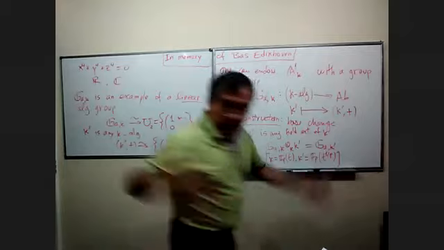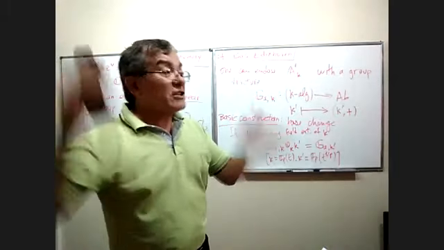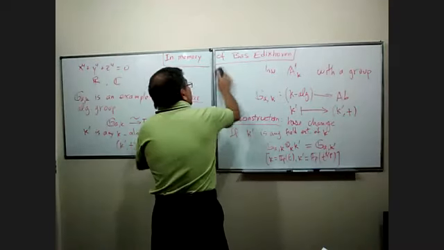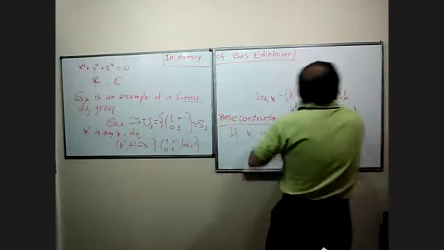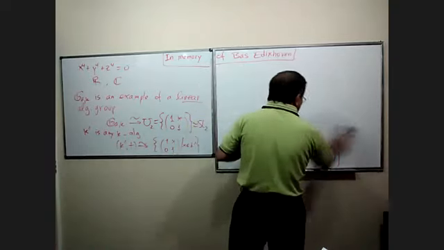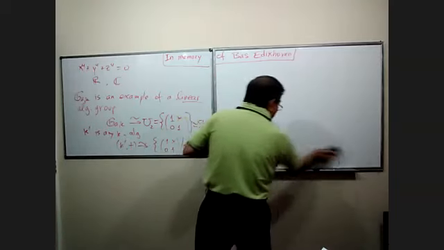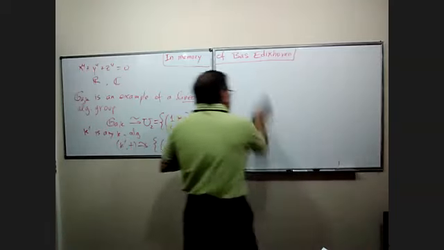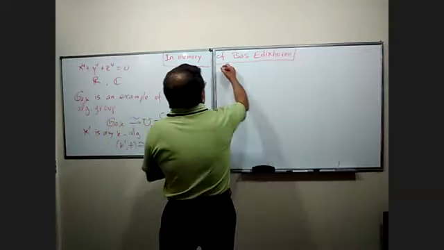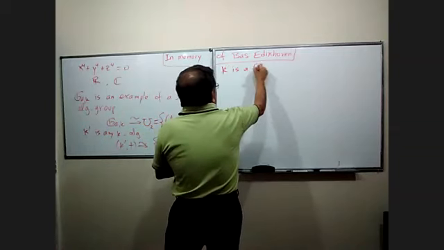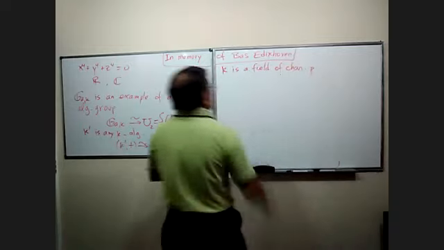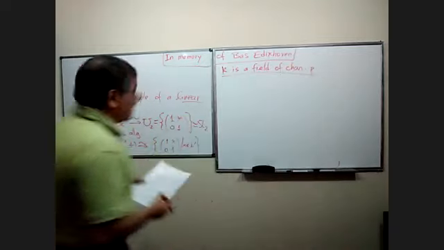Okay, but let's go back to the freshman's dream, that wonderful theorem that makes life very simple for the first year student, that binomial formula. For the rest of this talk, k is a field of characteristic p.